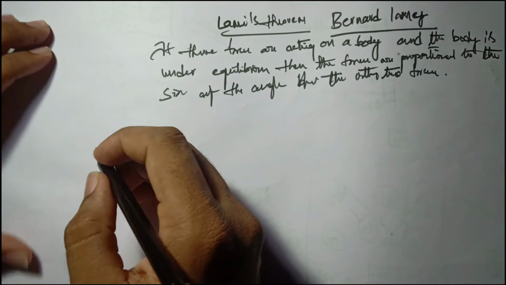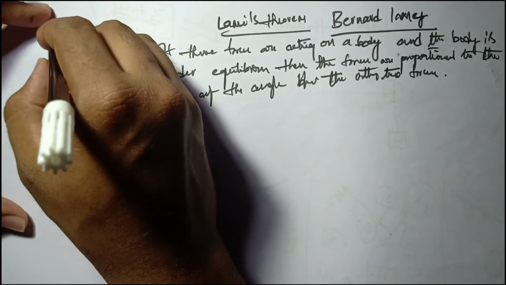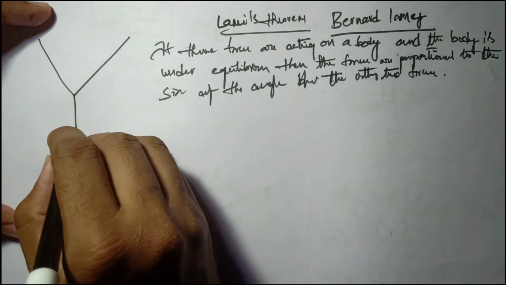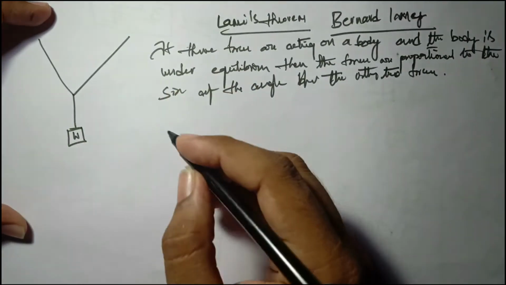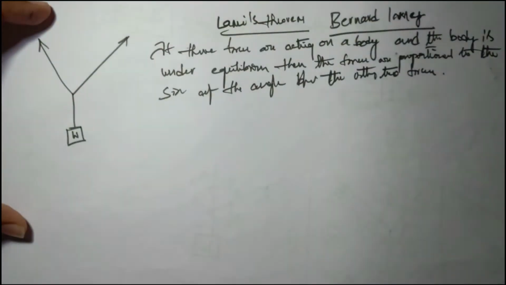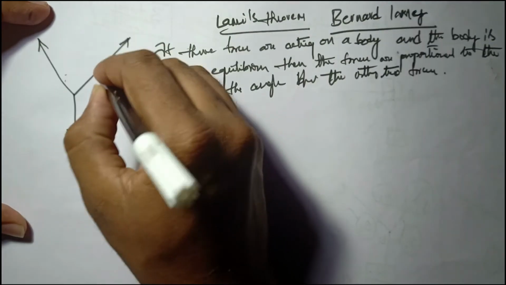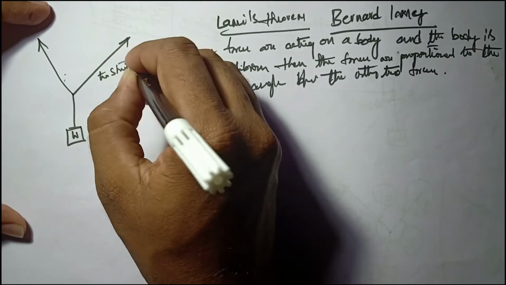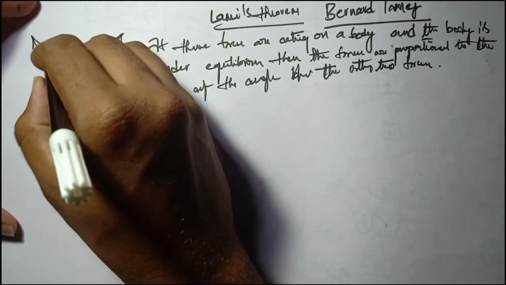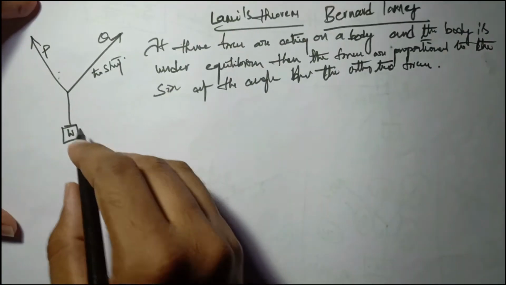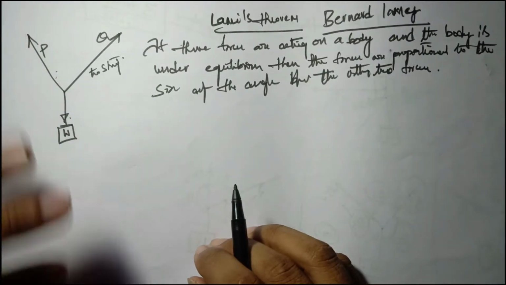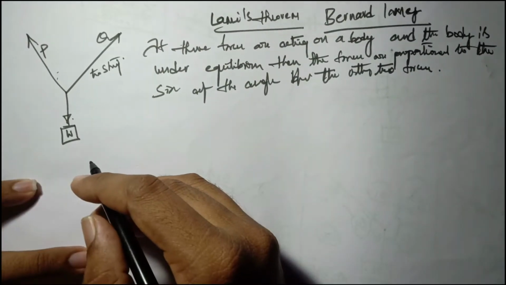In the previous video that you have seen, I've shown you a small setup here. So I took two different strings. Let us say the forces in these two strings as P and Q, and the weight of this object that I've added, some weight W, which is obviously acting in the downward direction.